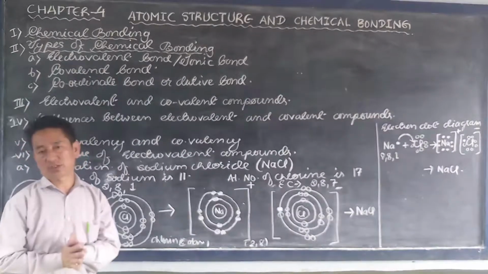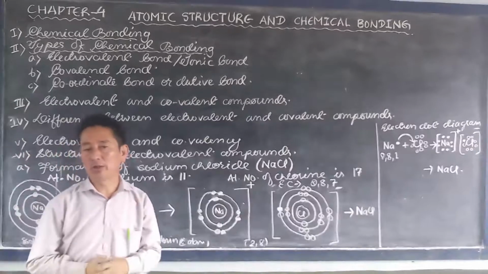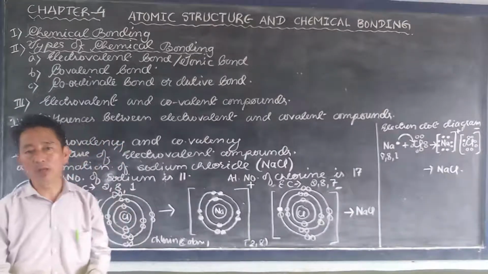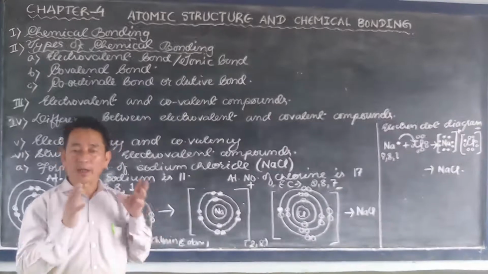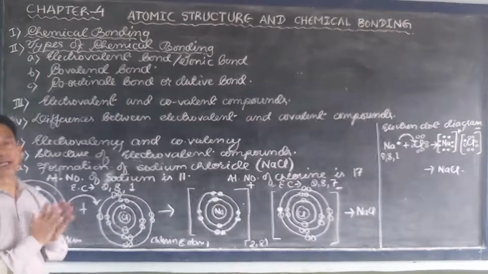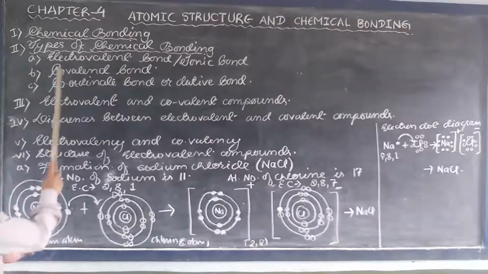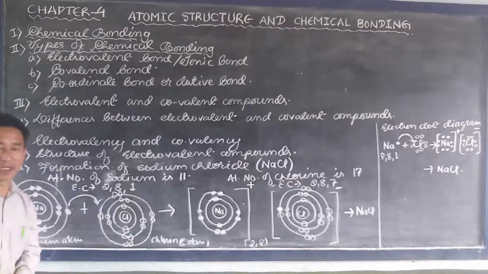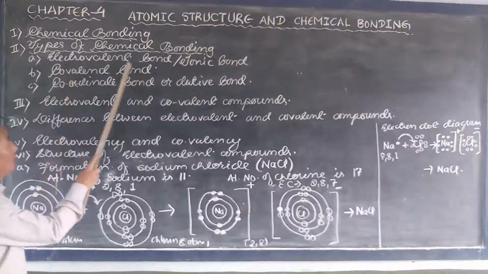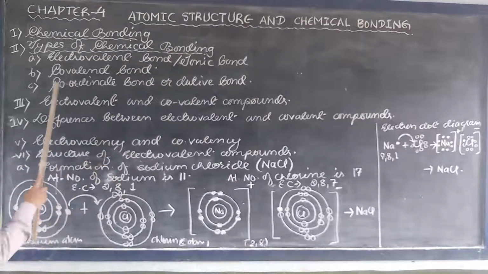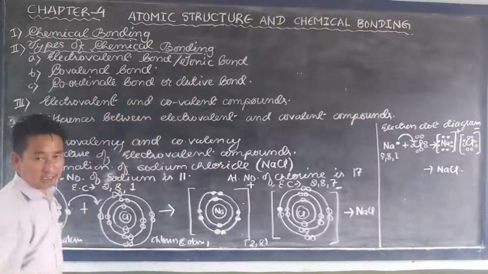The force which holds the atoms together in a molecule is known as a chemical bond, or you can say the force which develops between the combining atoms is known as a chemical bond. Now next, types of chemical bonding. There are three types of chemical bond: electrovalent or ionic bond, covalent bond, and coordinate bond or dative bond.